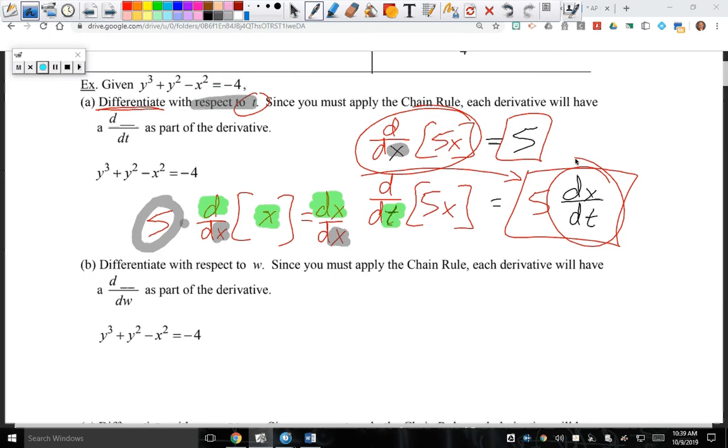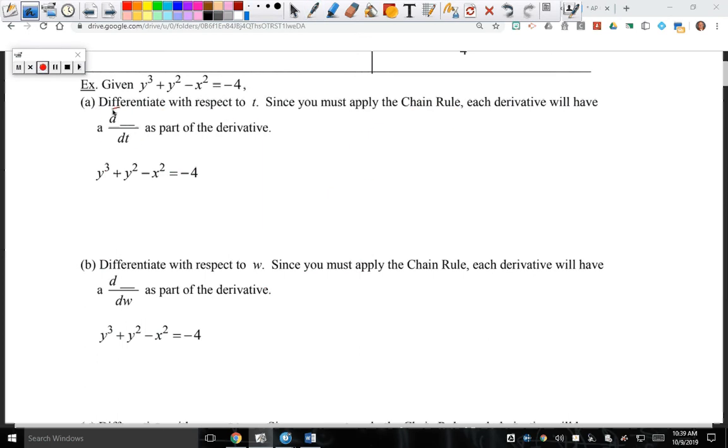So, right here, this is saying you're going to take it in respect to t. Here we go. What would normally be the derivative that you're used to? What would you normally say as this? 3y squared. But now I want you to think about it like this. Chain rule.